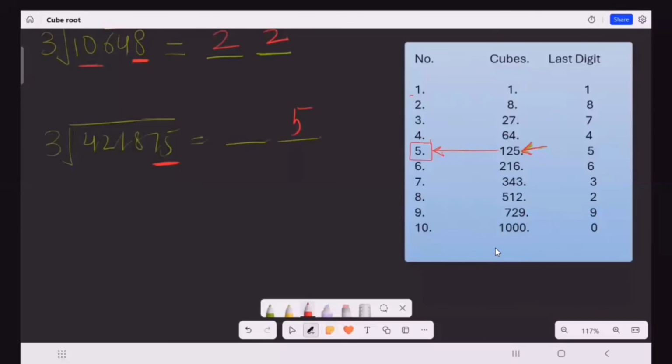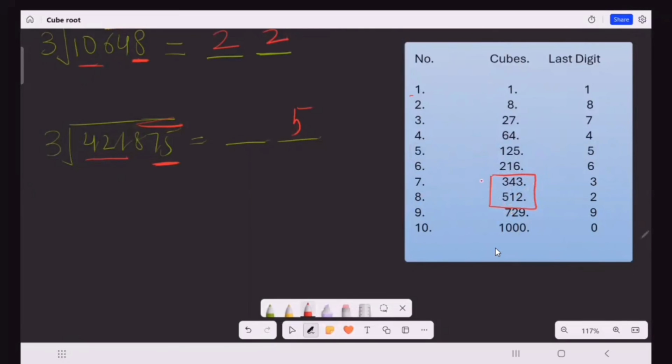Now our next step is to ignore the first right three digits, that is 875. The remaining number we have is 421. Now I'm going to find where this 421 lies in our cube column. 421 lies between 343 and 512.